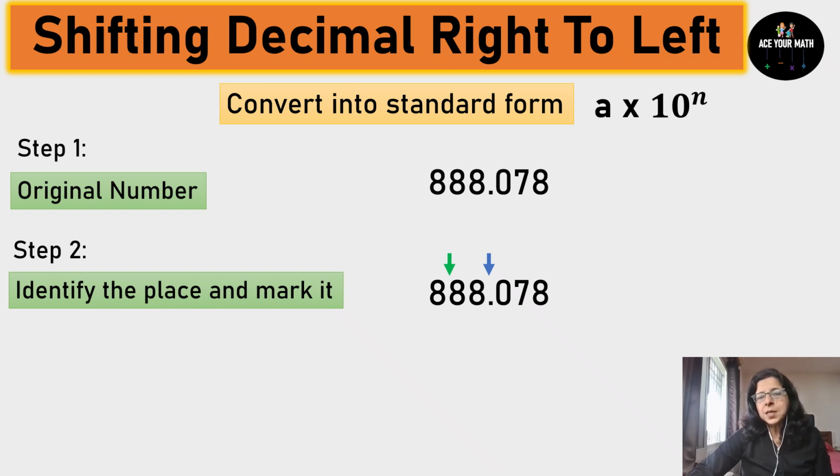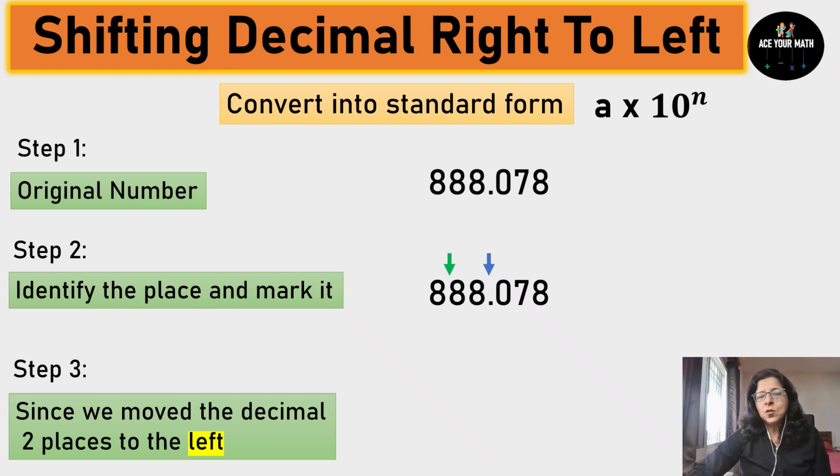So by how many places you are shifting it? You are shifting the decimal by 2 places. And from where you are shifting, are you coming left to right or right to left? See, you are moving it by 2 places and you are moving from right to left. So whenever you move right to left, you always put a plus sign. So it will become 8.8078 times 10 raised to the power 2.